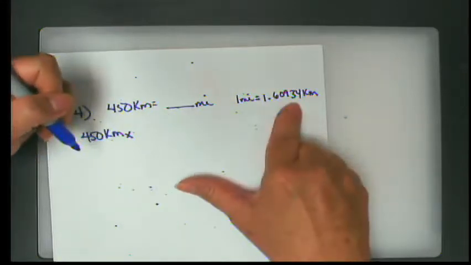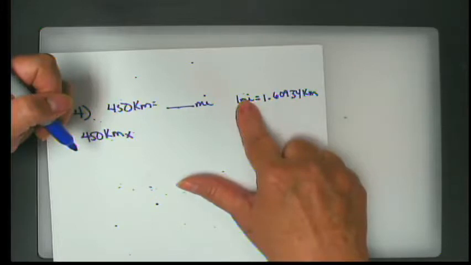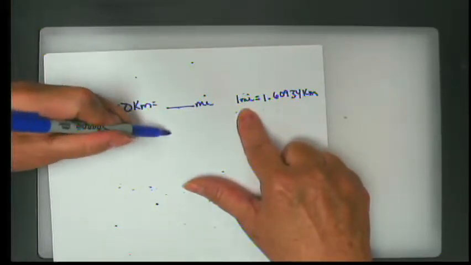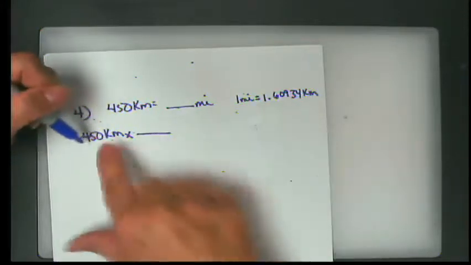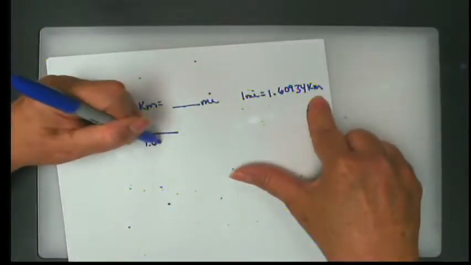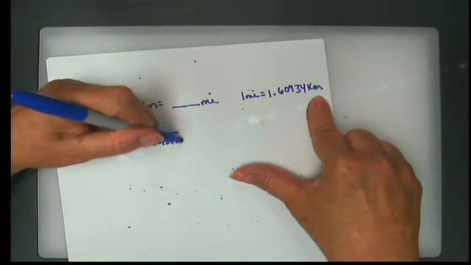So the way that I do this problem is I take the 450 kilometers and then I multiply it by a unit conversion factor, either this over this or this over this, because since they're the same quantity, that's equal to 1, and you can multiply 1 by anything and get the same number. But I have kilometer in the numerator here. I want to cancel kilometer, so I put kilometer in the denominator here, and I put mile in top. Okay? So then what happens is kilometers cancel out.